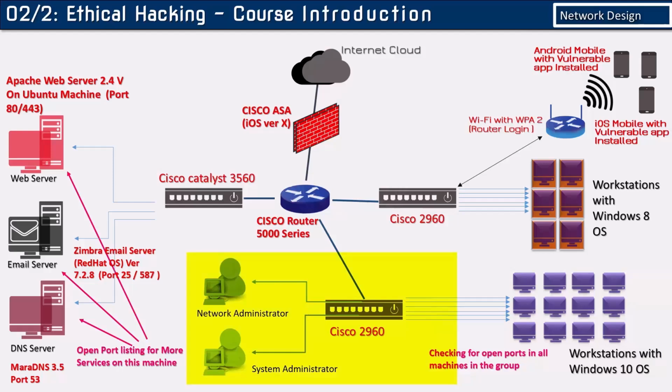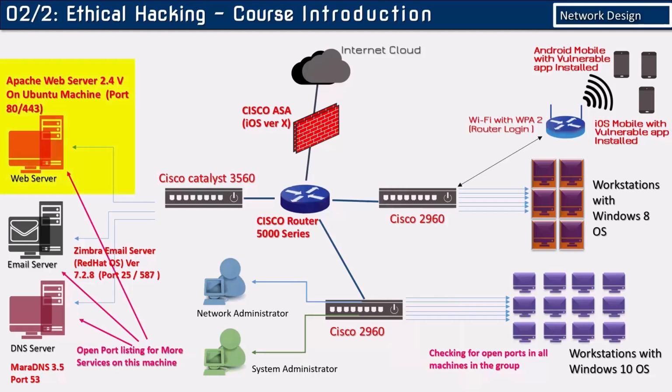The network admin will administer the entire network, while the system administrator will work with systems, like if you have Microsoft's Active Directory services installed and configured. The system administrator will manage all the systems, user accounts, user policies and security policies of the workstations. So this is how you have this entire network.